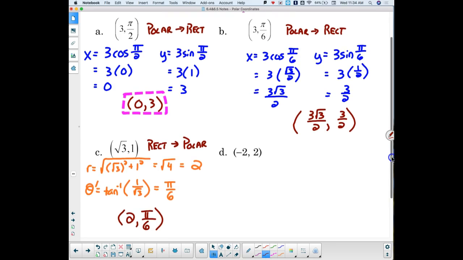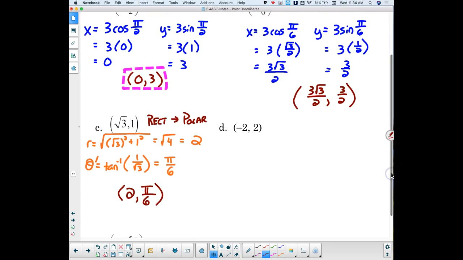Okay. Part D here. Rectangular to polar or polar to rectangular? Rectangular to polar. R is going to equal the square root of negative 2 squared plus 2 squared.